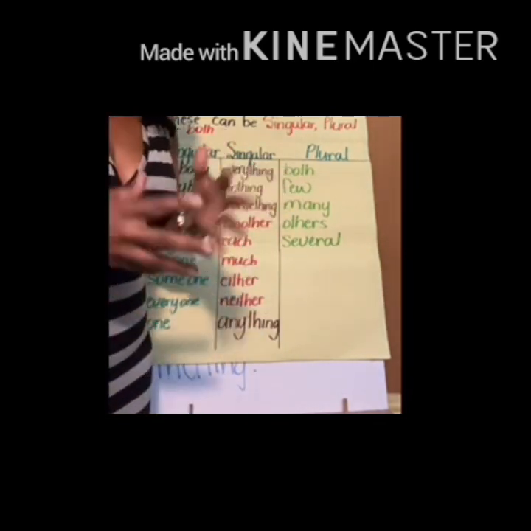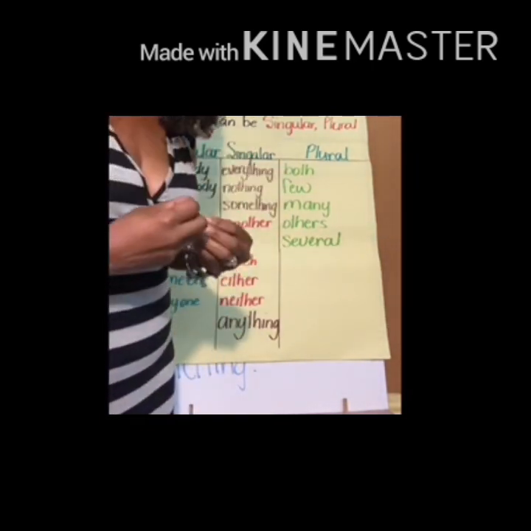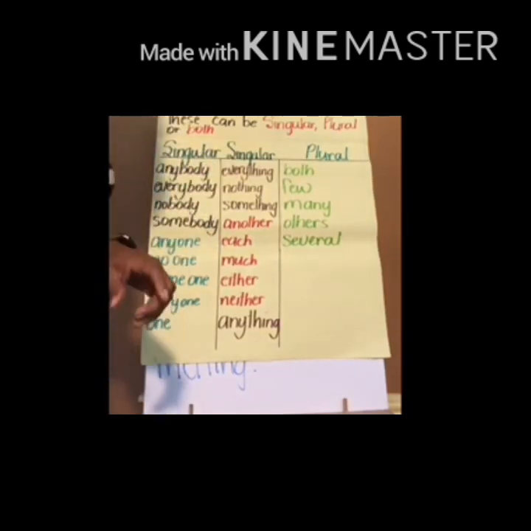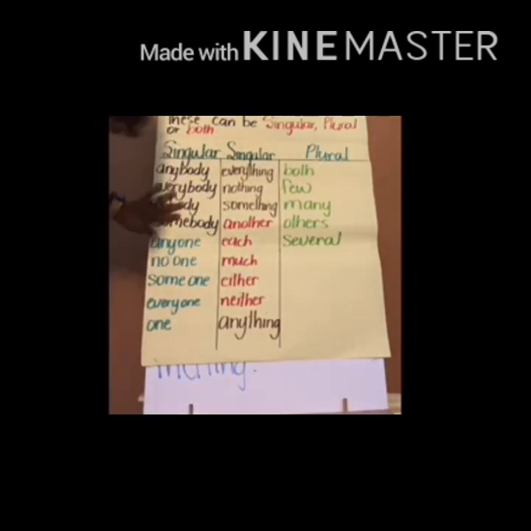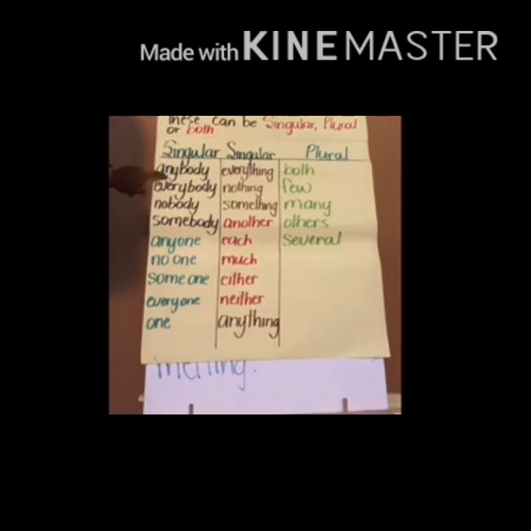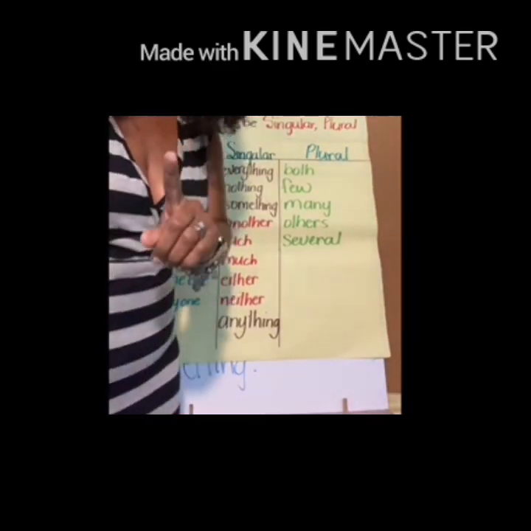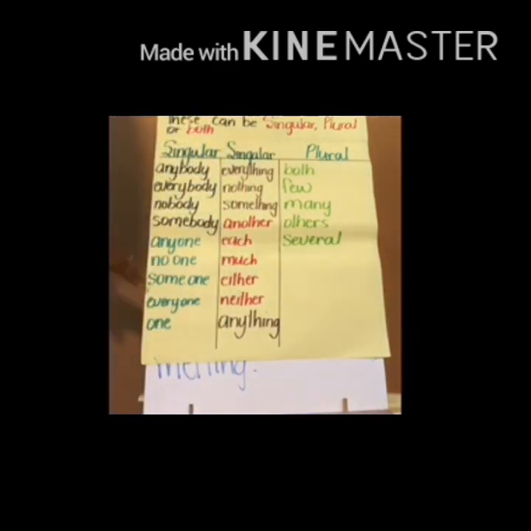Now, every time I teach this topic, I like to group the singular ones, especially, because I call these my body words. Anybody, everybody, nobody, somebody, those are my body words. They are always singular. Then these are my one words. Anyone, no one, someone, everyone, one. Those are my one words.